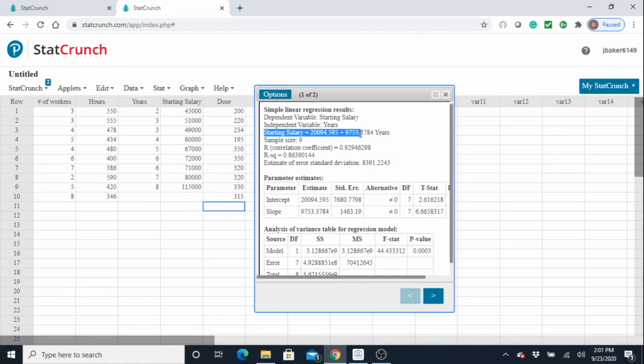So I've got starting salary equals 20,094.595 plus 9,753.3784 times the years. I am saying numbers wrong all day today. I don't know why. Maybe I should just make it a theme or something.